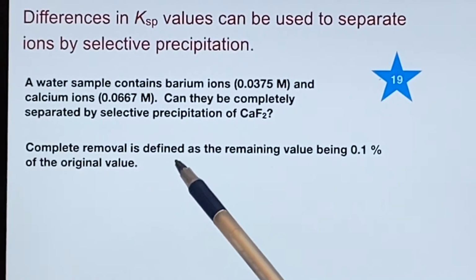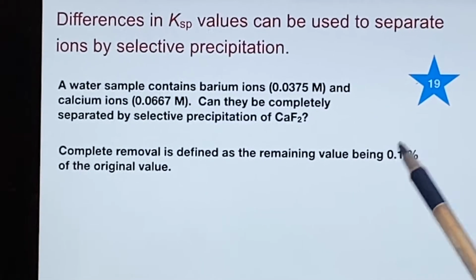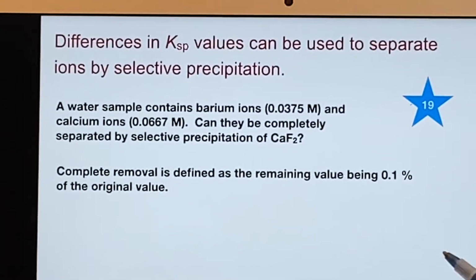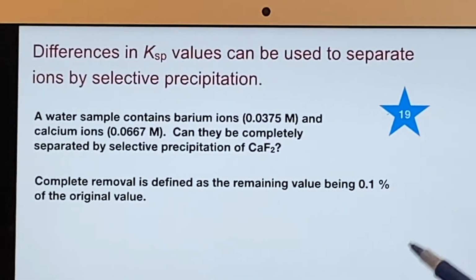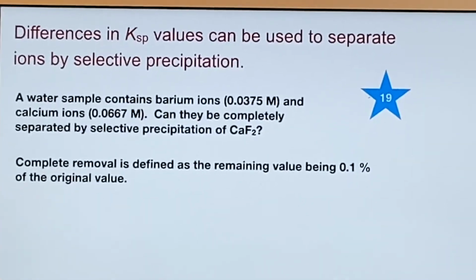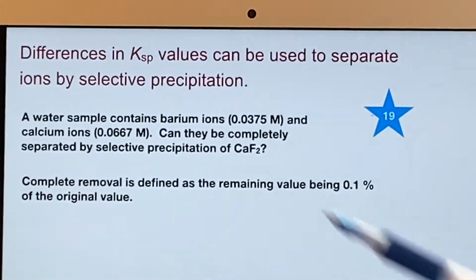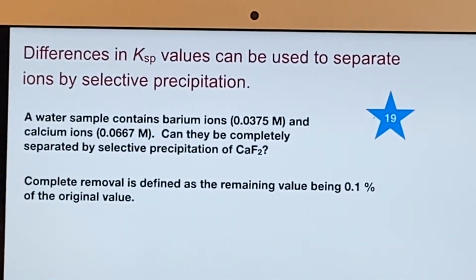Complete removal is defined as the remaining value being 0.1% of the original value. So you're going to get 99.9% of it to precipitate. That's what you're going to try to do. And the question is, will this particular set of molarities actually make that happen?